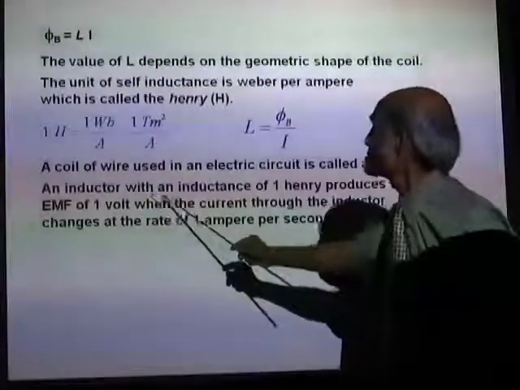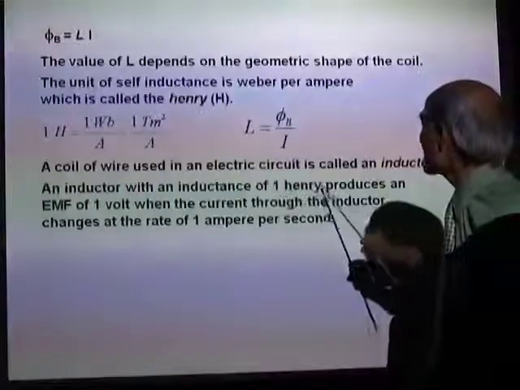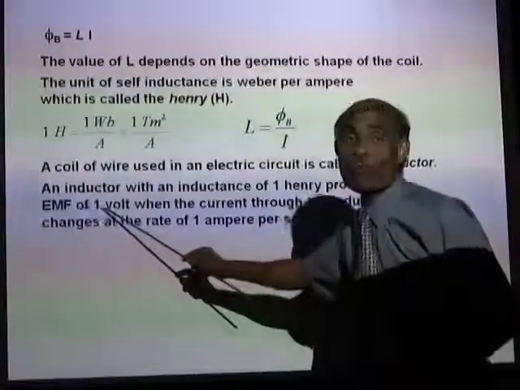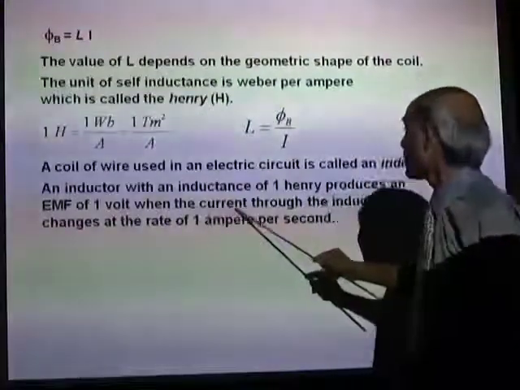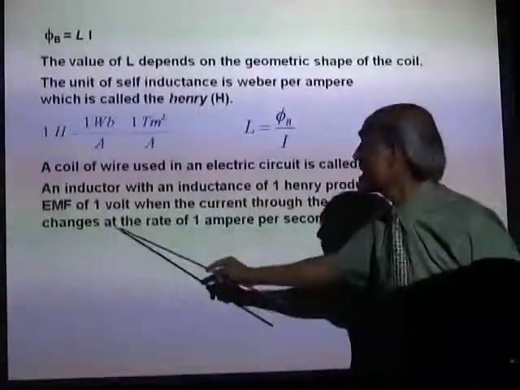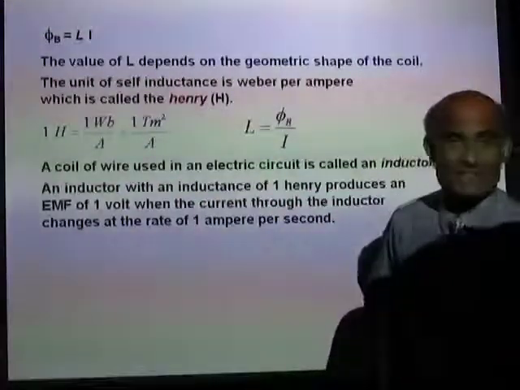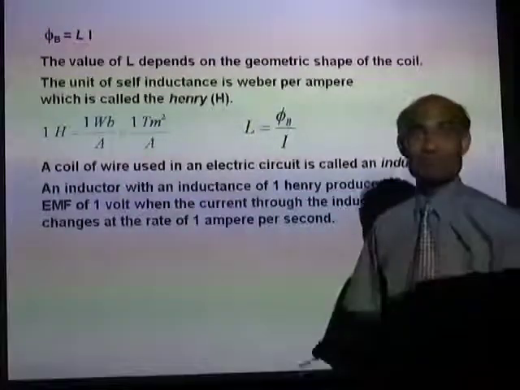Now, an inductor with an inductance of 1 Henry produces an EMF of 1 volt when the current through the inductor changes at the rate of 1 ampere per second. You understand that?